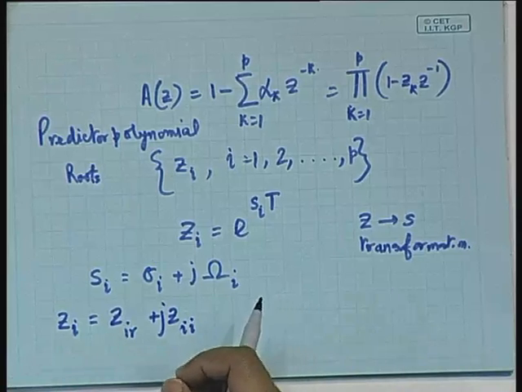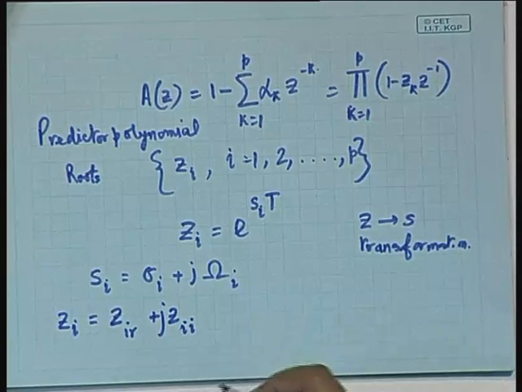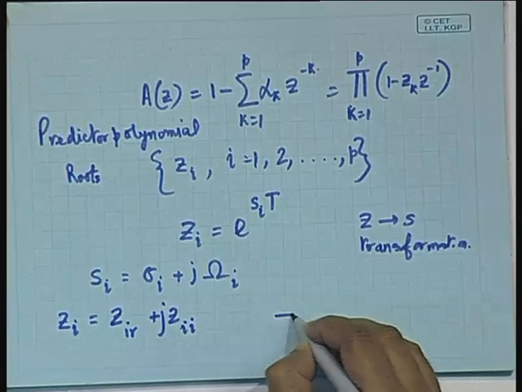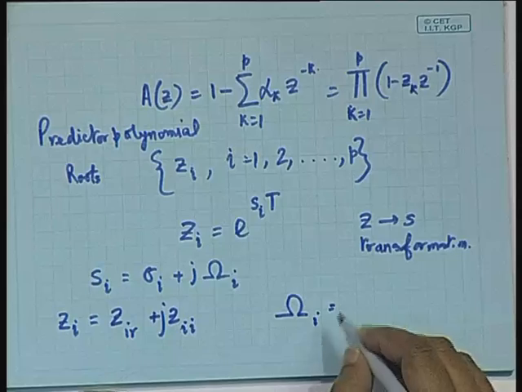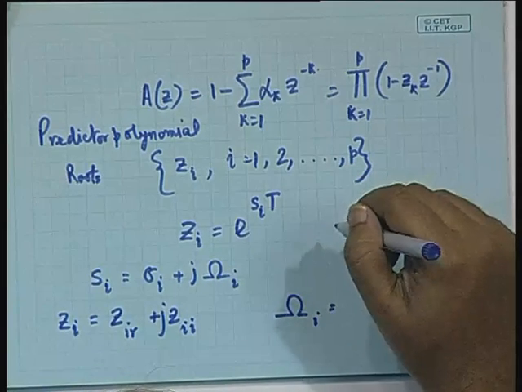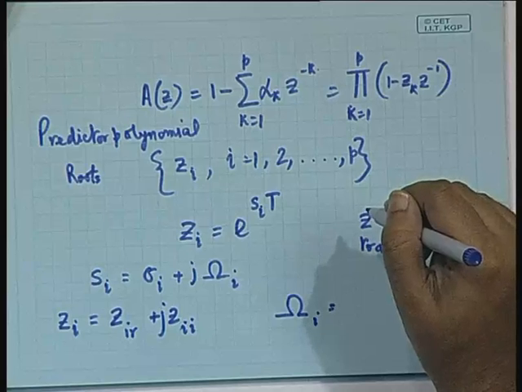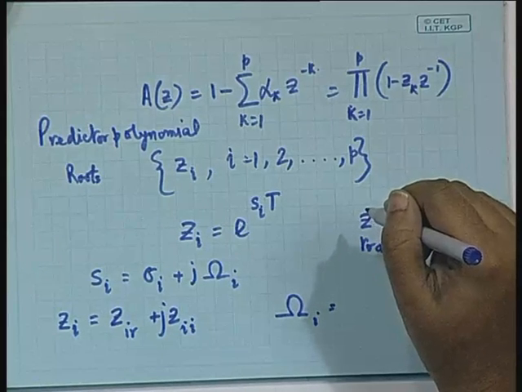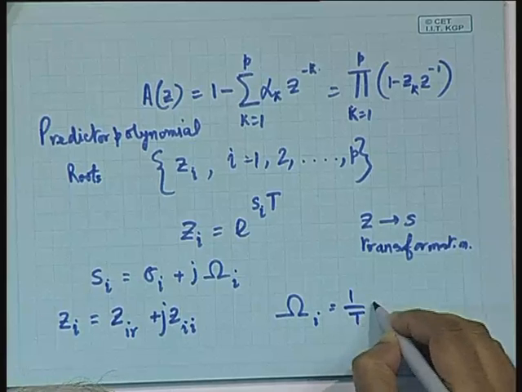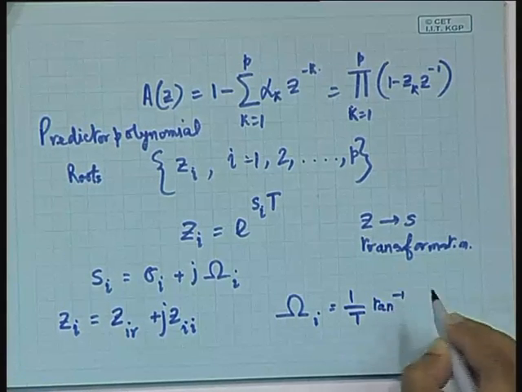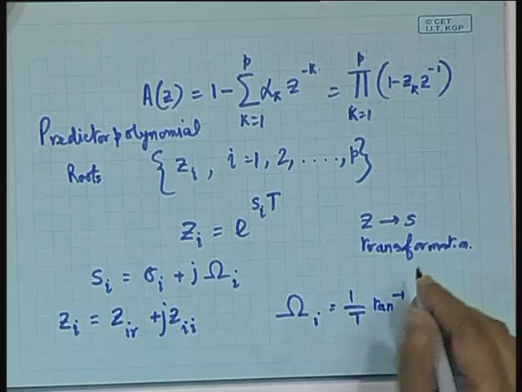Using this, one can obtain omega i. When zi is equal to e to the power si T, omega i is going to be 1 by T times tan inverse of zii by zir.